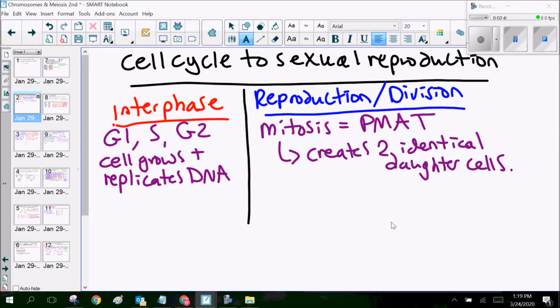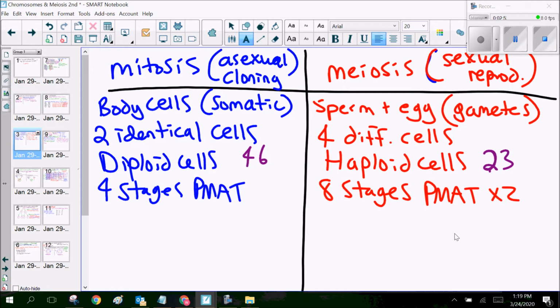But we don't always want to reproduce that way. Sometimes we want to reproduce offspring, and that has to happen through a process called meiosis. So contrasting it with mitosis, meiosis is going to happen in precursor cells to produce sperm and egg, otherwise known as gametes. It is going to create four of these cells.